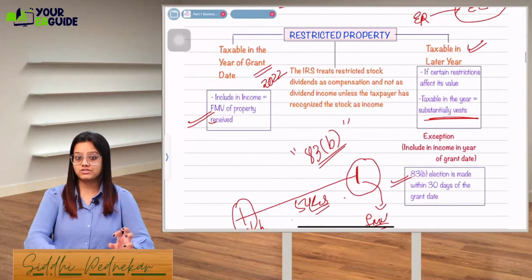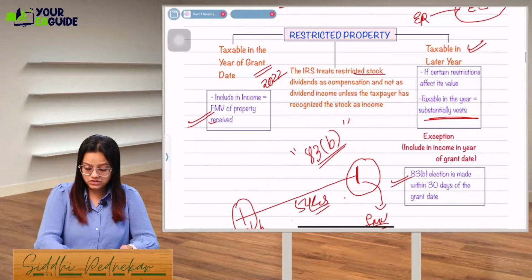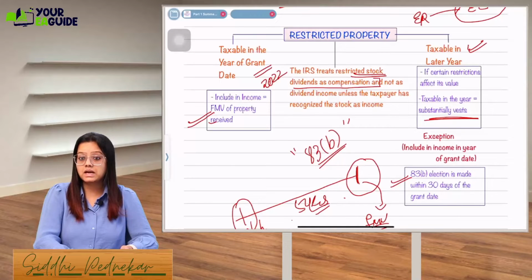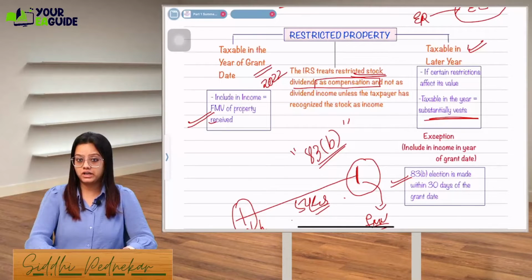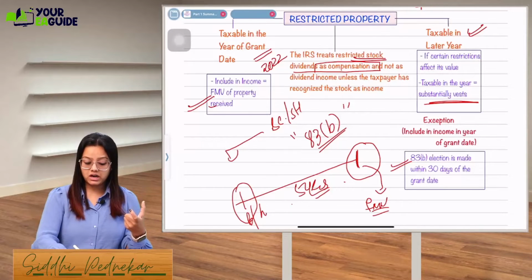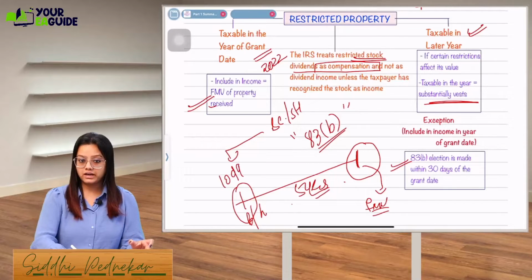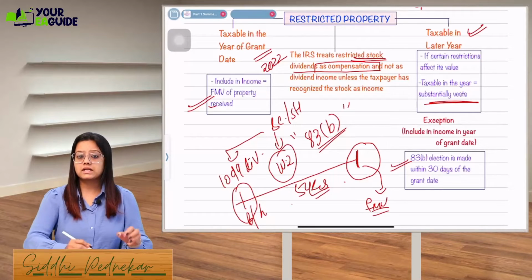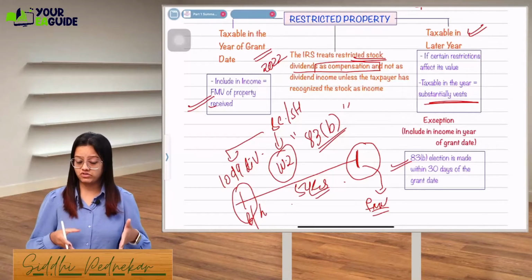The IRS treats restricted stock dividends as compensation and not as dividend income. Let's say you received securities or shares that are restricted property, you cannot sell them, but on these shares you are going to receive dividend income. Whatever the dividend income is, it will not be reported on a 1099-DIV. It will be included in your W2 as compensation because it's on restricted stock.